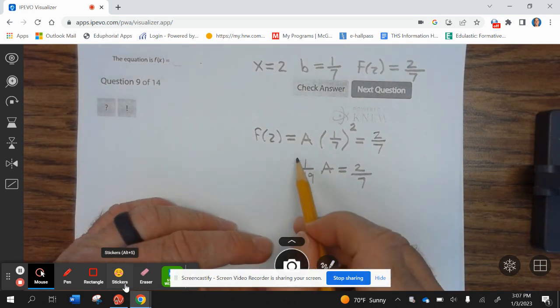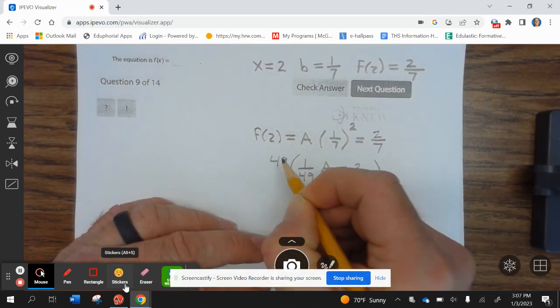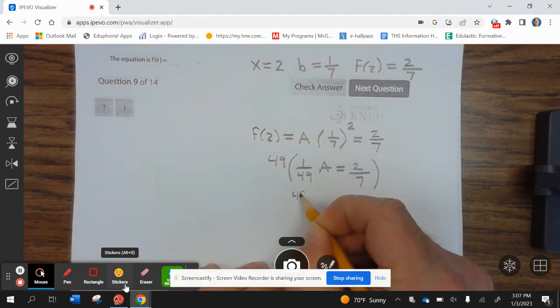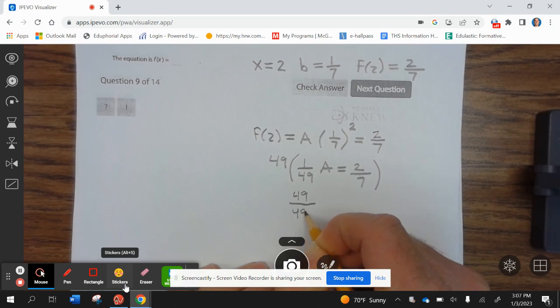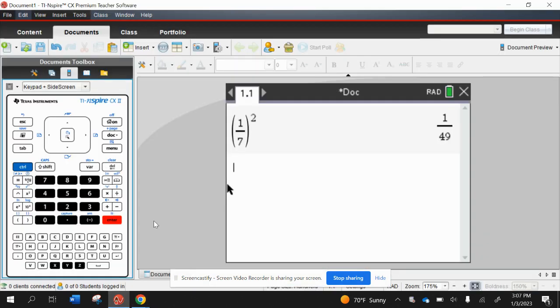Now we need a by itself, so we're going to multiply both sides by 49. So that's 49 divided by 49a equals 49 times, parentheses, Control Divide 2 divided by 7 is 14.